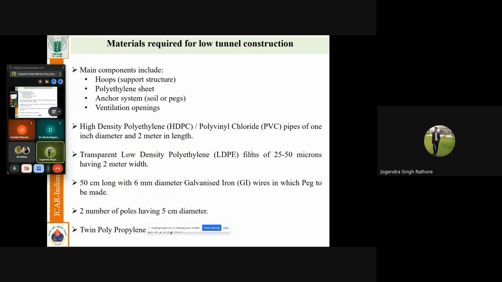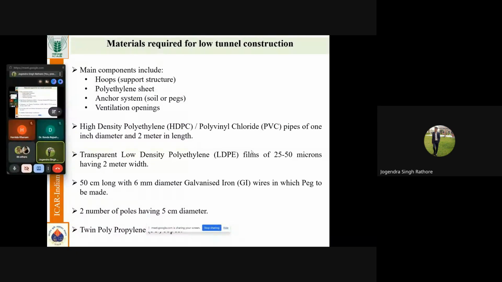So what are the materials required for low tunnel construction? A typical low tunnel consists of various basic components. Components like hoops, polythene sheets, anchors, and ventilation openings are the basic components required in the case of a low tunnel.